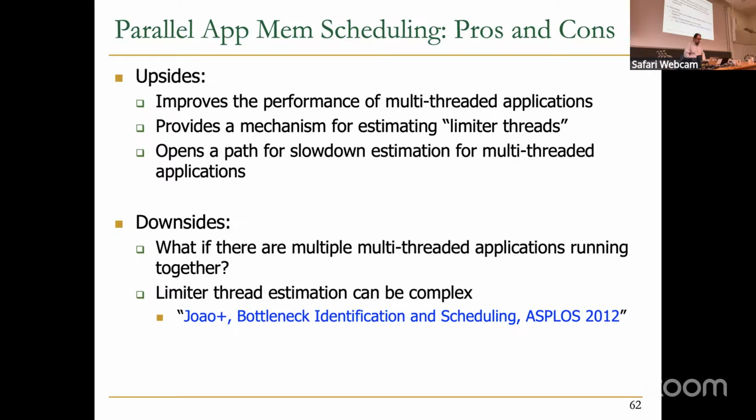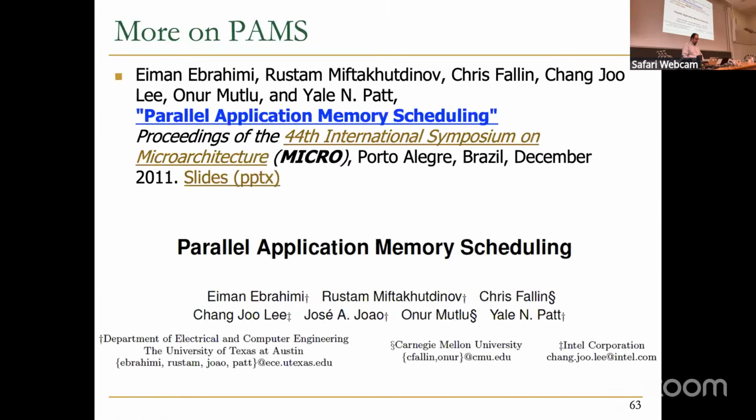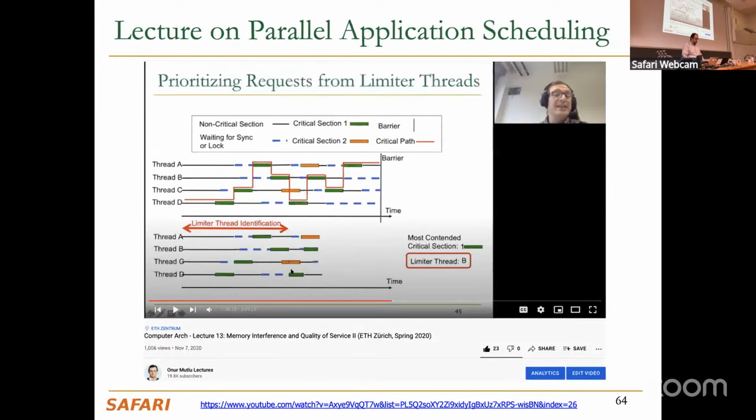This work from João is one of the works that we're going to discuss, on how to identify bottlenecks and scheduling. So if you're impatient, you can check this paper to see how we can do that. But here is a paper on PAMS, Parallel Application Memory Scheduling, which we already discussed. If you're interested, you can check it, and also the lecture about it.